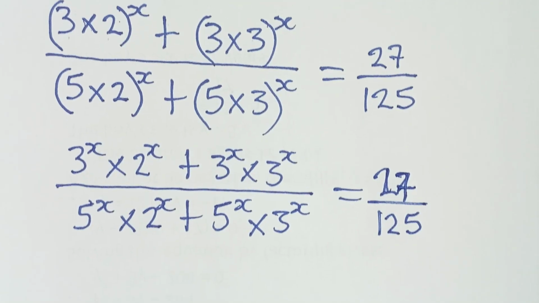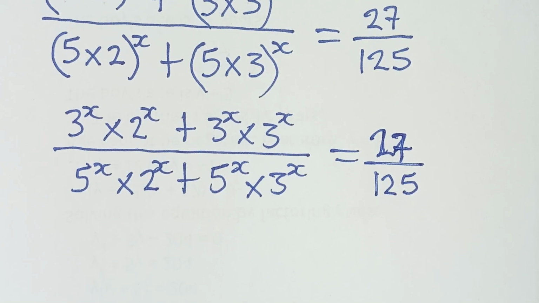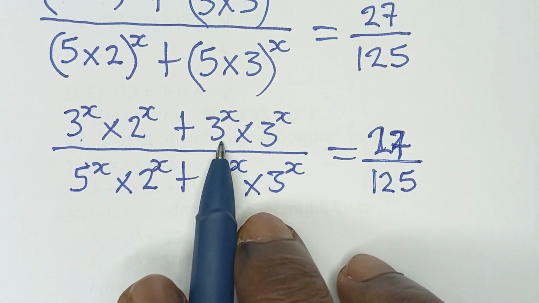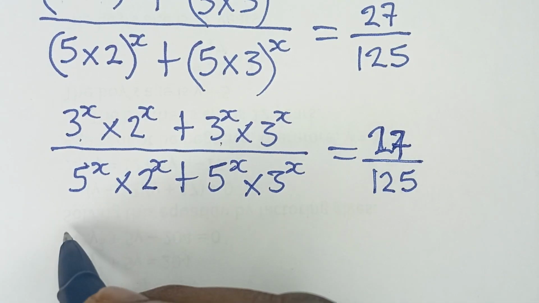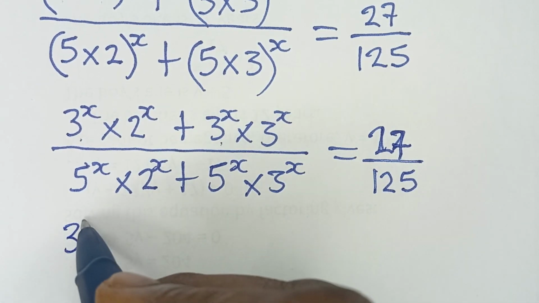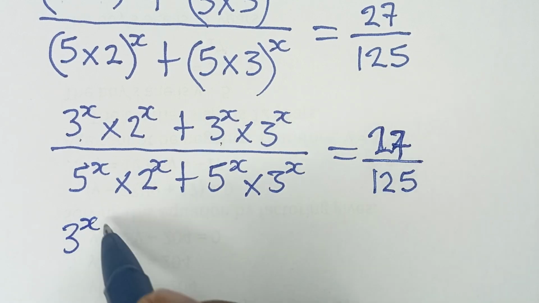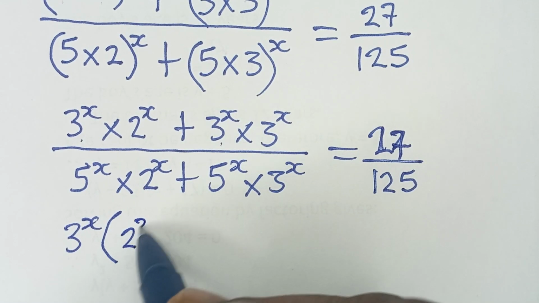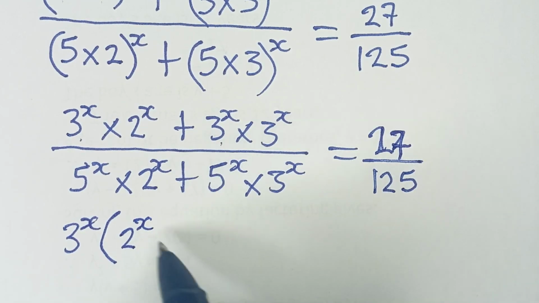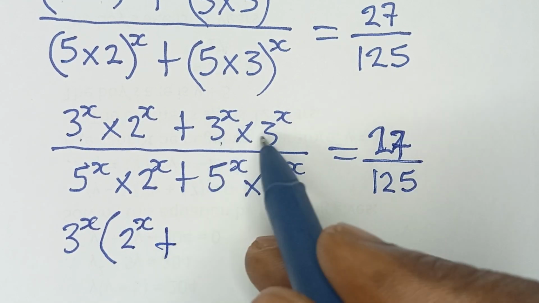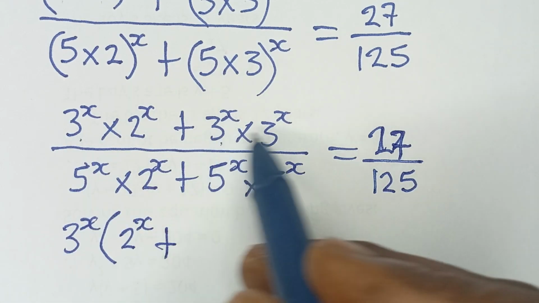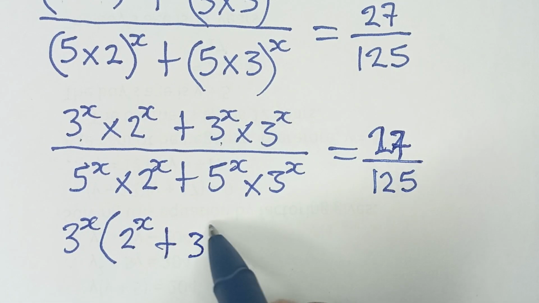Now we can factor the equation. 3^x is common here and 3^x is also common here. So I can take out 3^x, and then what is left here will be 2^x, and then plus what is left here when I factor this, because 3^x is outside, will be 3^x.